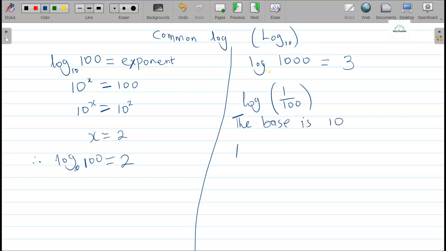So 10 to what power gives us 1 over 100? 1 over 100 is the same as 1 over 10 squared, which is also the same as 10 to the power negative 2. The bases are the same, 10 and 10, so the exponent should also be the same: negative 2.